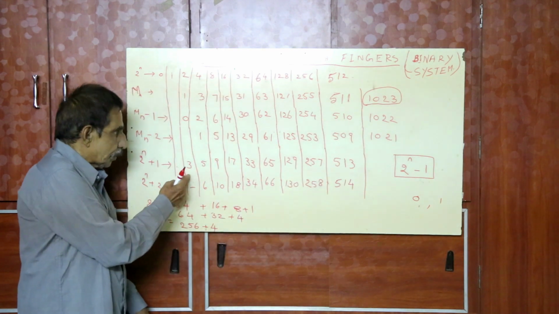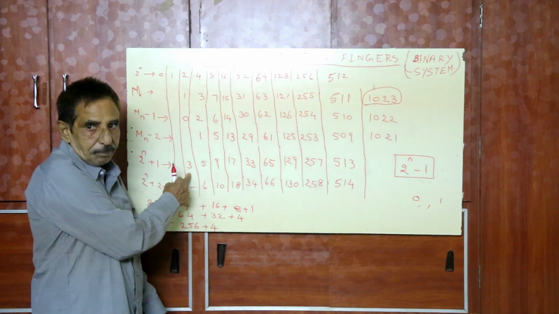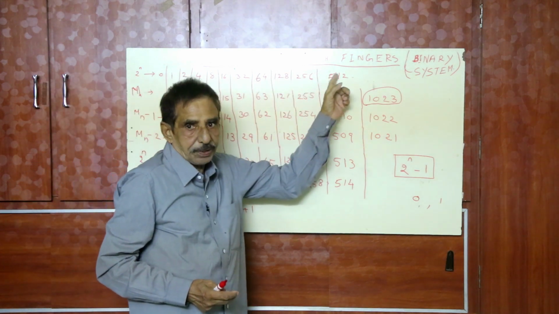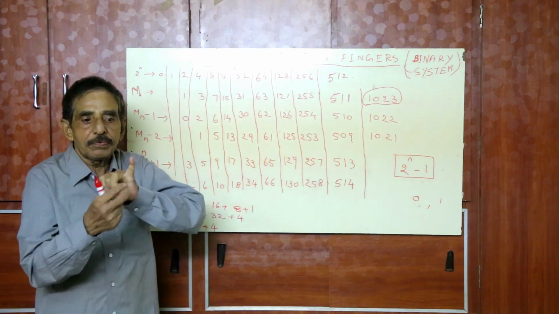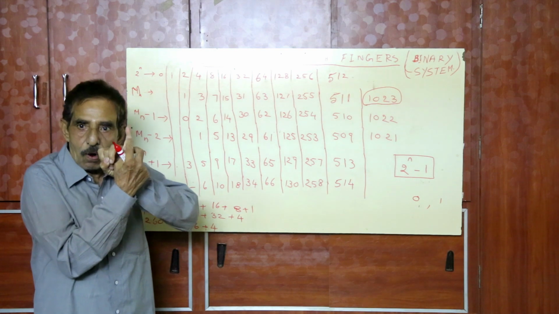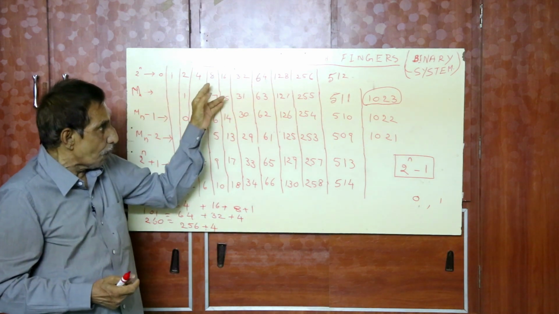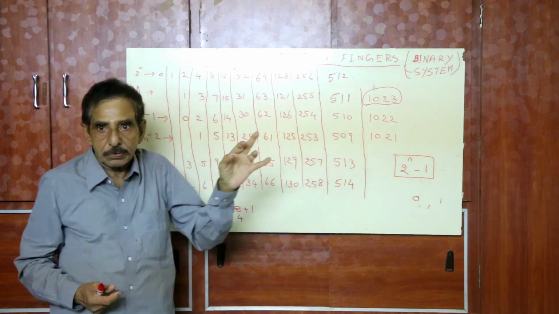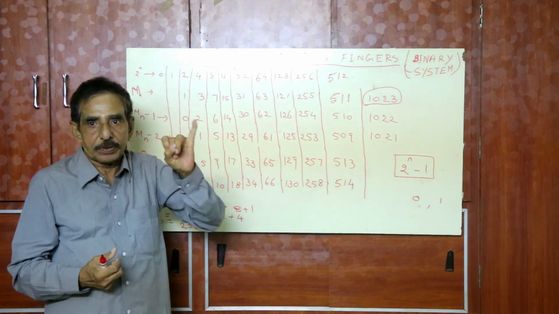Now, these row numbers are 1 more than 2 to the power of n numbers. 2 to the power of n numbers you know how to represent. To add 1, you have to open this finger. First, open for these 2 to the power of n numbers and then to add 1, you again open this one for that.